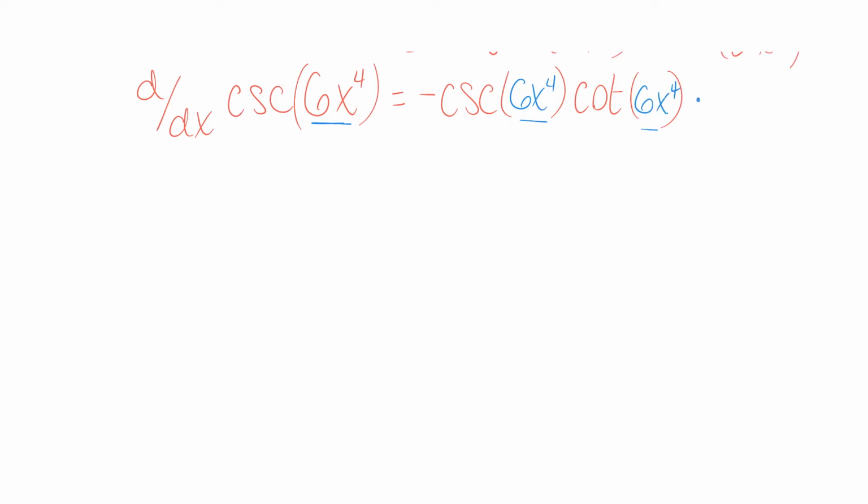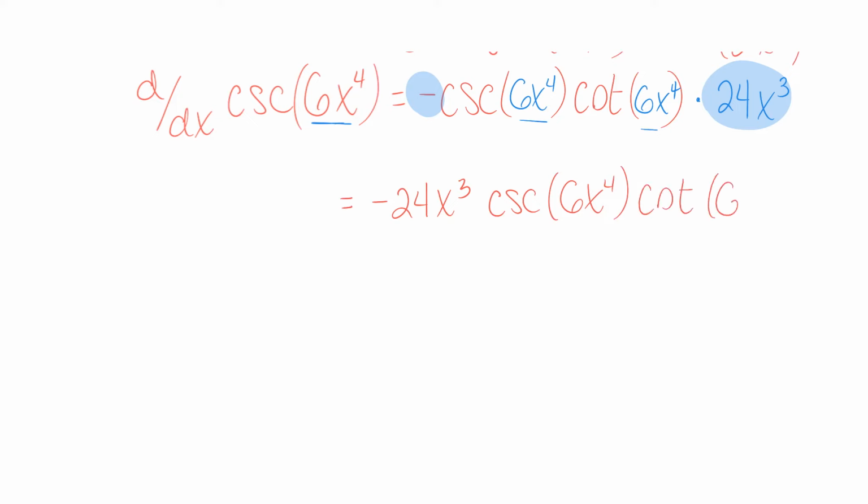Then we're going to multiply by the derivative of 6x to the fourth, which is 24x to the third, because there's our chain rule. Similarly to cotangent, this negative is going to multiply with this 24x to the third, because that's just a negative 1 sitting in the front. So we clean this all up, and we have a negative 24x cubed times the cosecant of 6x to the fourth times the cotangent of 6x to the fourth.